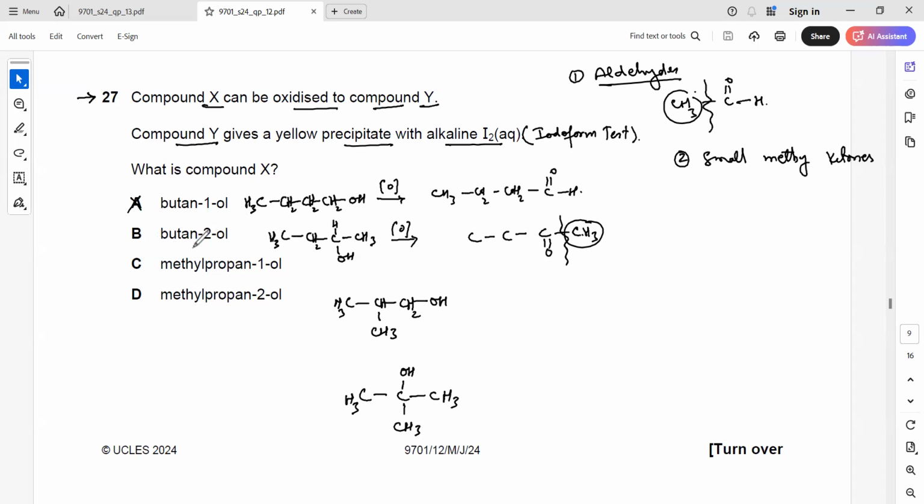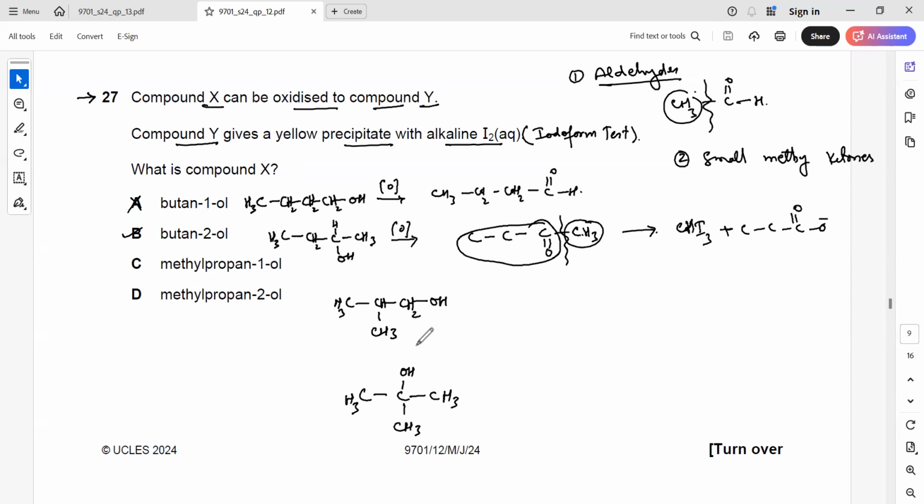So yes, butan-2-ol on oxidation gives us a ketone, and it is a methyl ketone. So that will give an iodoform test. CHI3 will be produced, and the rest will be the carboxylate ion of 3 carbon atoms. Yes, option B is correct.